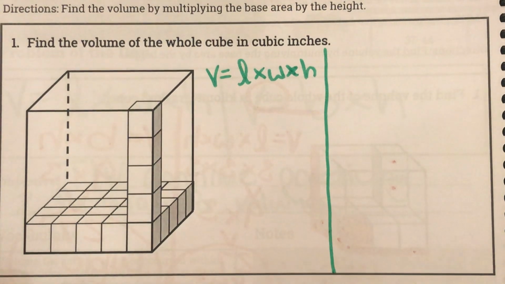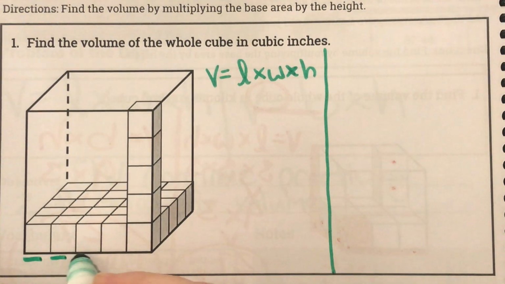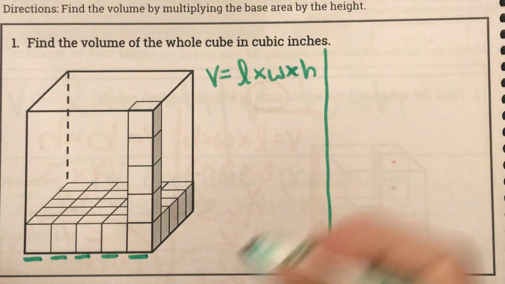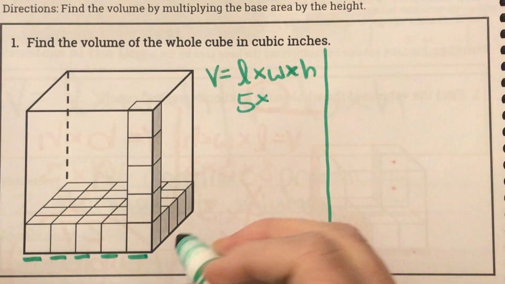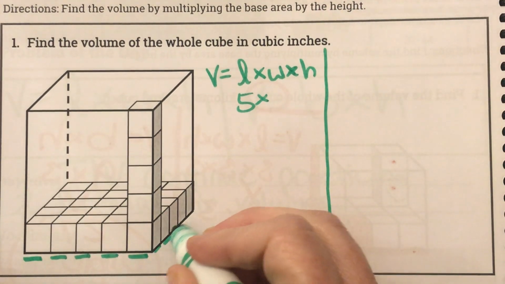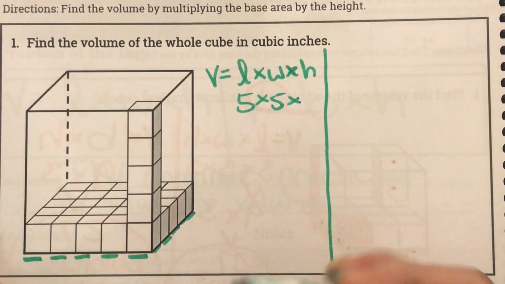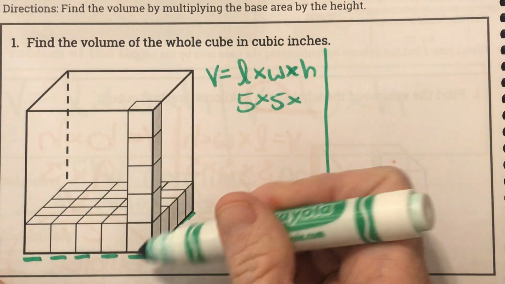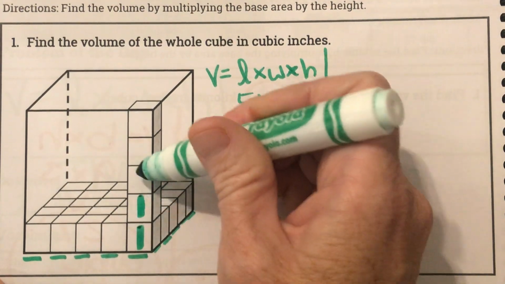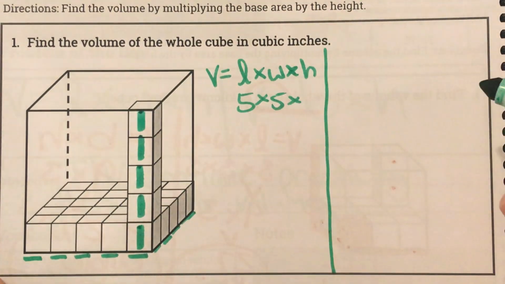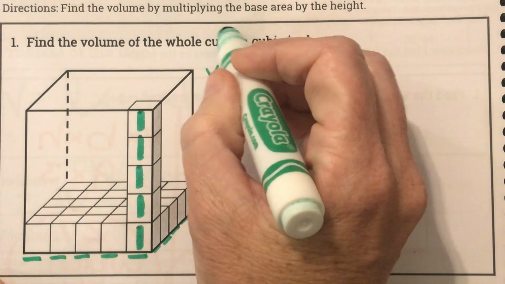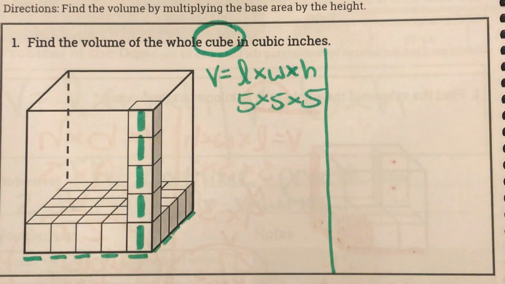So my length is 1, 2, 3, 4, 5. And my width is 1, 2, 3, 4, 5. Oh, is this a cube again? And this time we can see the whole height. How tall is it? 1, 2, 3, 4, 5 tall. But in my problem, it also said it was a cube. So that would have been my clue.